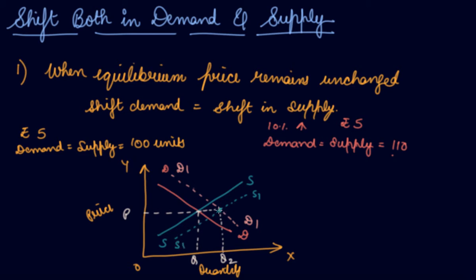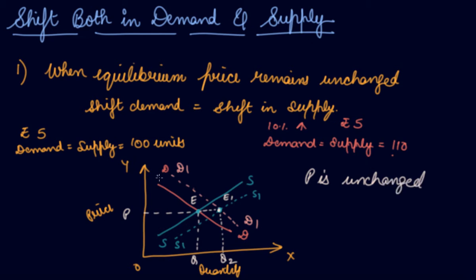So this was your initial equilibrium. Now if your demand and supply have increased in the same proportion, then your price remains unchanged and you are at the equilibrium E1. See, your price is unchanged.